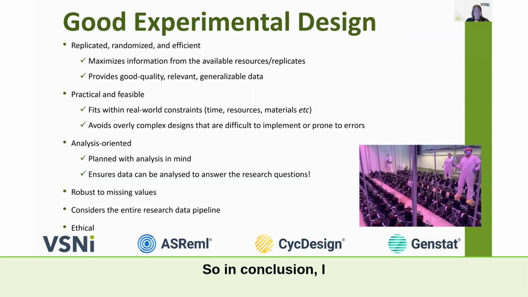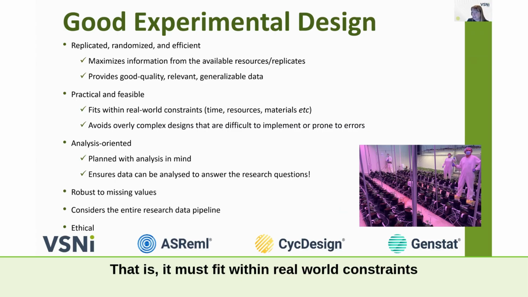So in conclusion, I reckon good experimental design is replicated, randomized, and efficient. It maximizes the amount of information we get from the resources we have, whilst generating high quality, relevant, and generalizable data. However, it also needs to be practical and feasible.